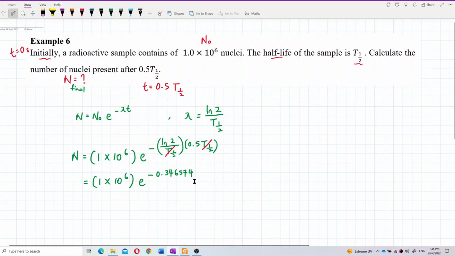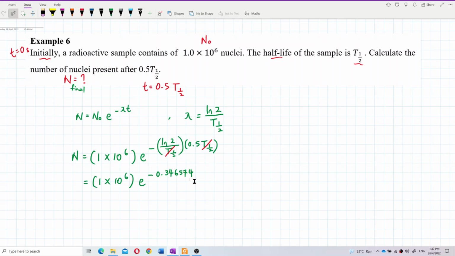So let's calculate. I have this exponent, to the power of negative 0.346574, and then multiply by 1 exponent 6.